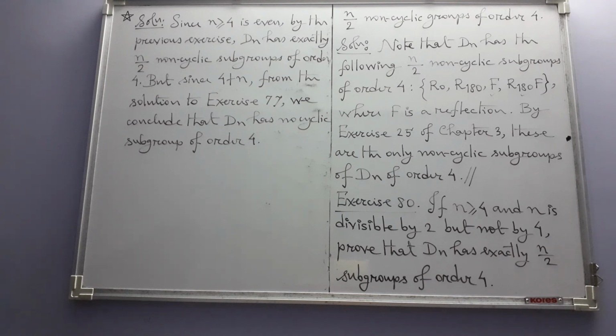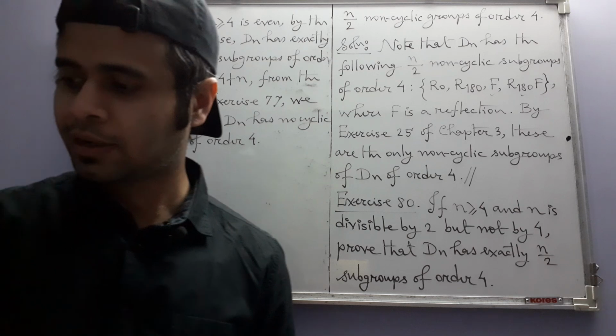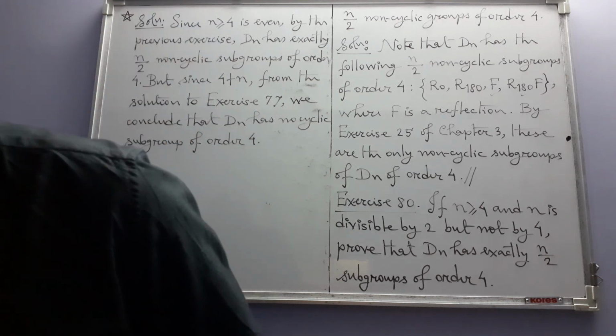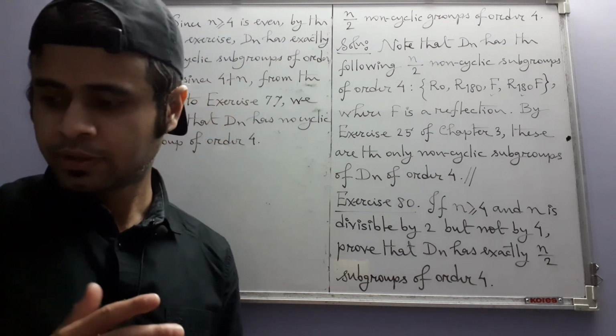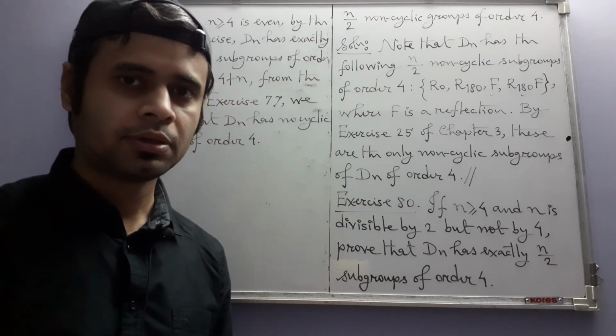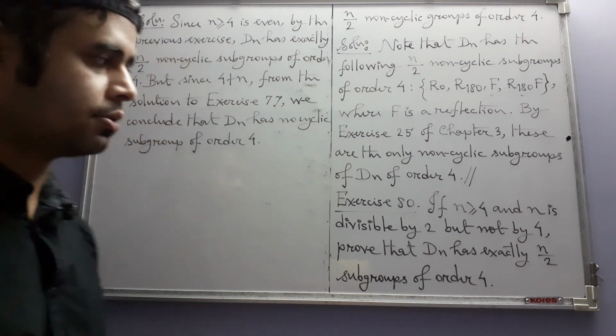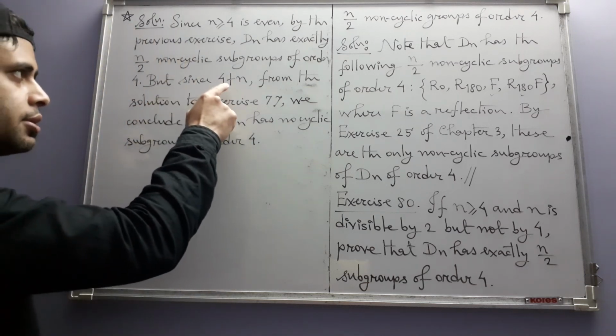Determine the number of cyclic subgroups of order 4 in Dn, and there we have proved that the number is 1 if n is divisible by 4, otherwise the number is 0. So this is that otherwise case.